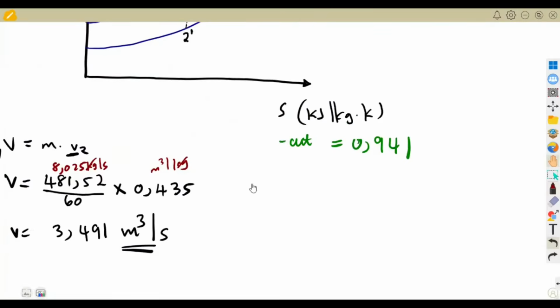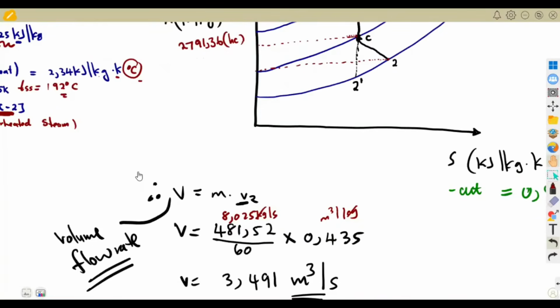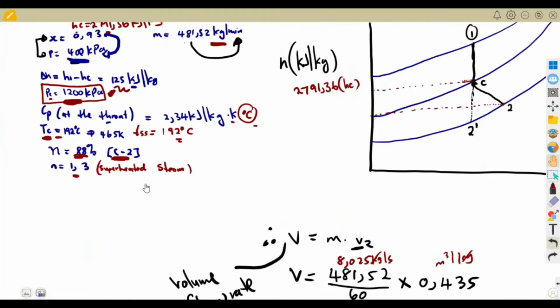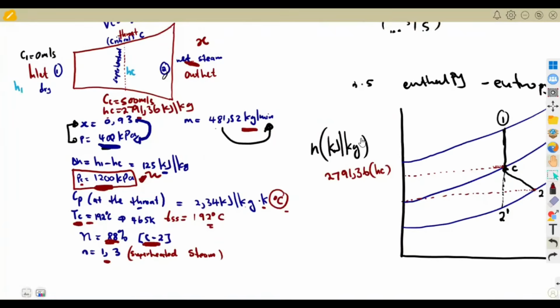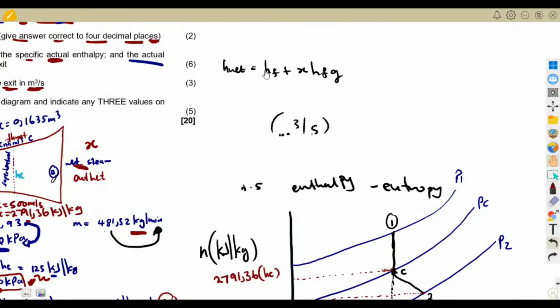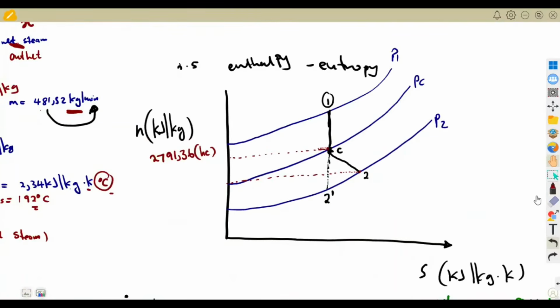I think it's the one that we just calculated now. Now we've got a lot of values, guys, but I hope you still remember us calculating that value of H2. Now I've got a lot of information that I wrote here, but that is where we're talking about this H wet. If you still remember, maybe it's the one that I erased here. But that value of H2 was 2,613.01.